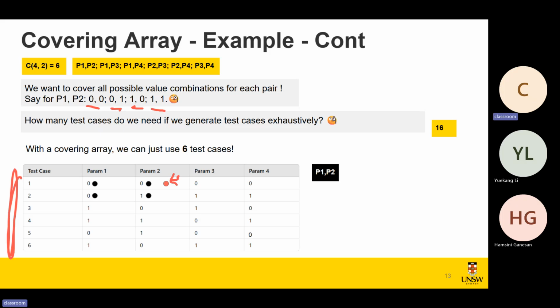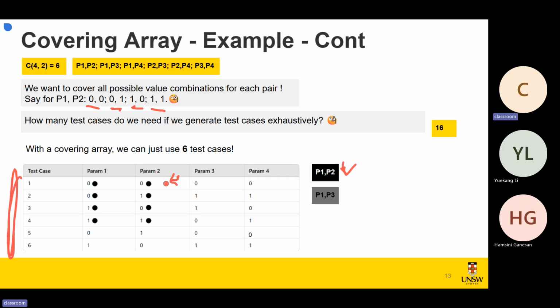We can use test case 2 to cover 0, 1. We can use test case 3 to cover 1, 0, and we can use test case 4 to cover 1, 1, right? So we can use 4 test cases to cover all the possibilities for P1 and P2.